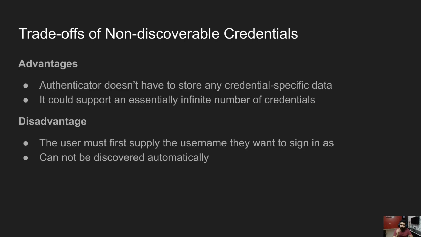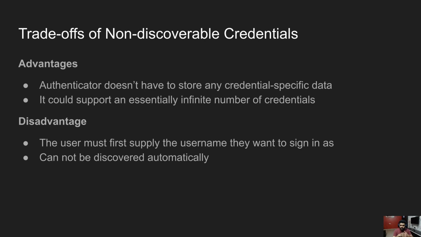The advantage of non-discoverable is that the authenticator does not have to store any credential-specific data. It just needs to store a master key, and the same master key can be used across multiple relying parties. So theoretically, it could support an infinite number of credentials.